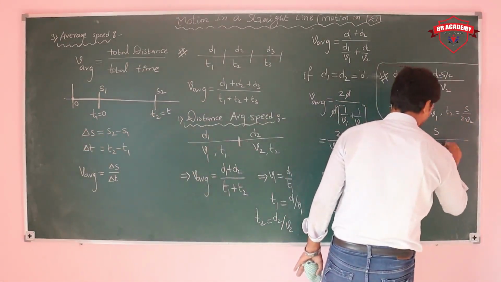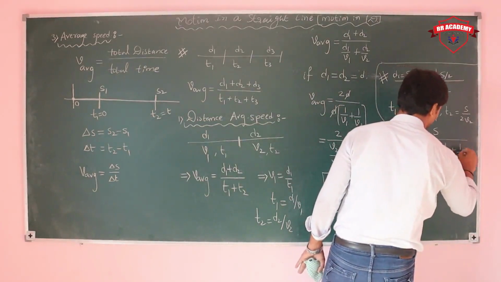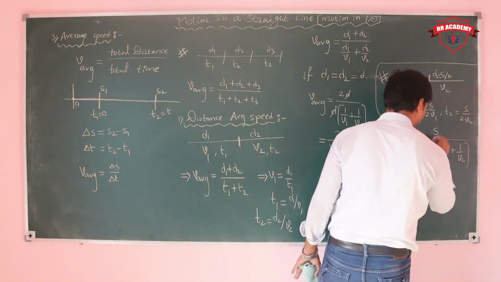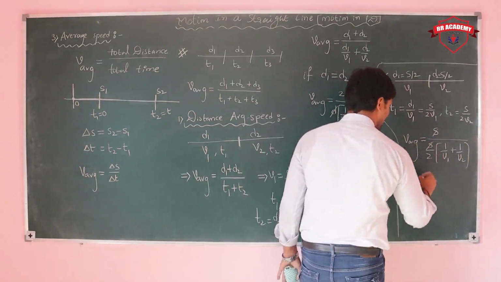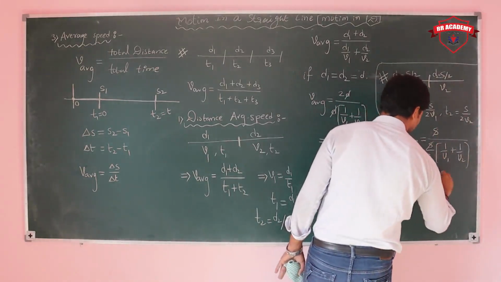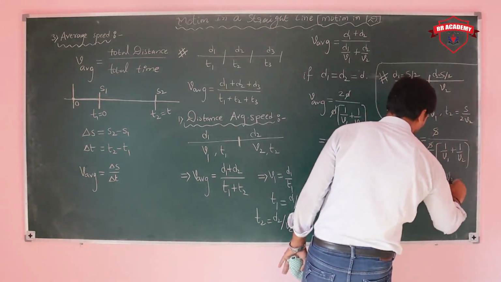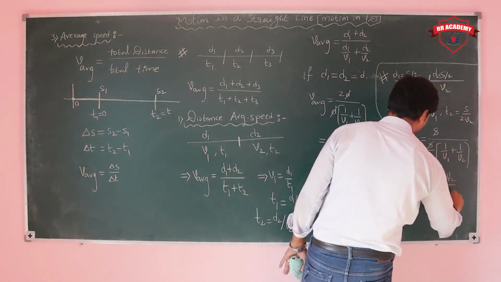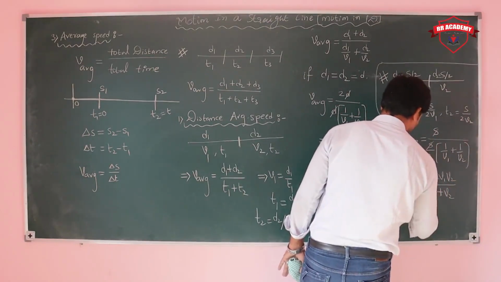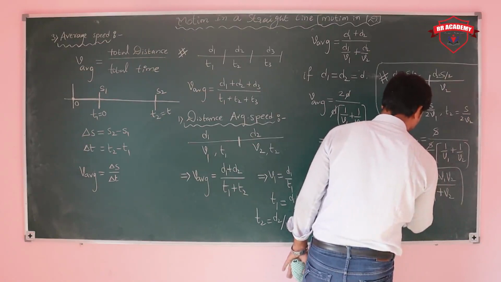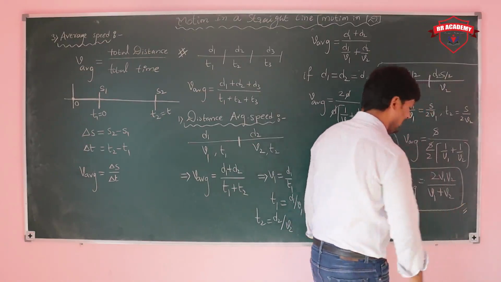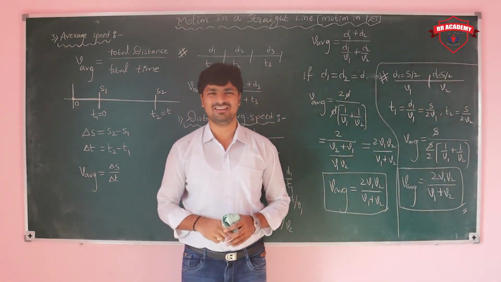If S by 2 is common, then 1 by V1 plus 1 by V2. Actually no need to solve, but I am just explaining. This 2 will go here, and if you take the LCM, you get 2V1V2 upon V1 plus V2. So this is simply the distance average speed.